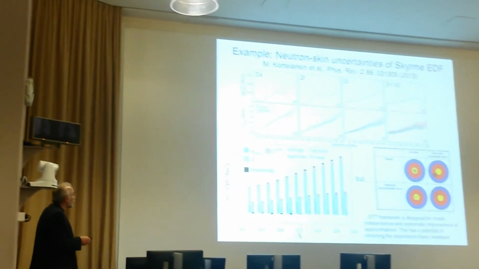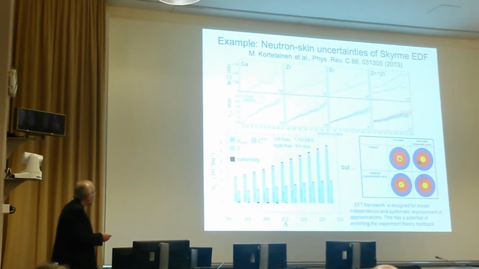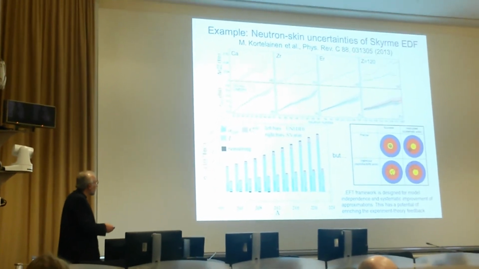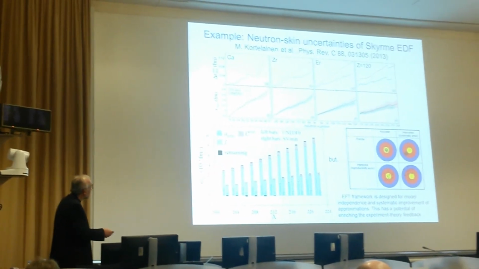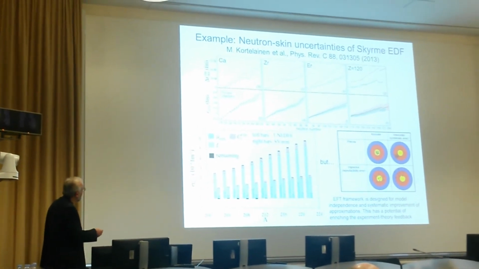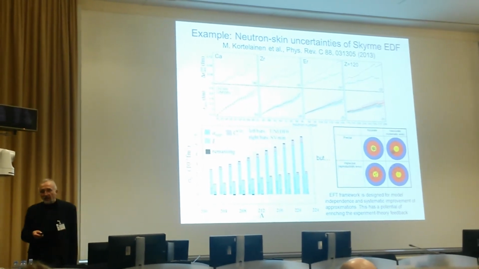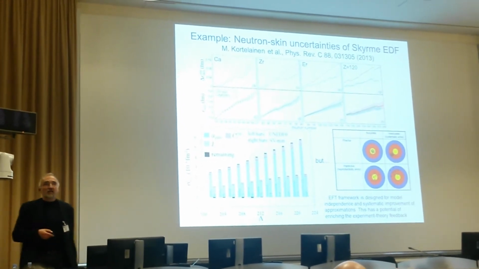Okay? And we can take those error bars and now we can make the balance. We can look at what the contributions to those error bars are in those two models, and we see that the largest contribution to this uncertainty is the symmetry, the density dependence of the symmetry energy.